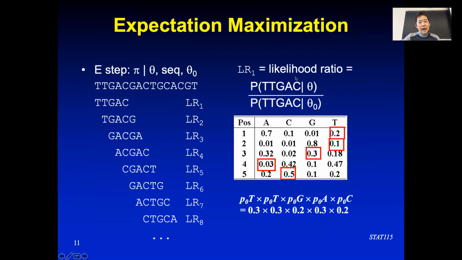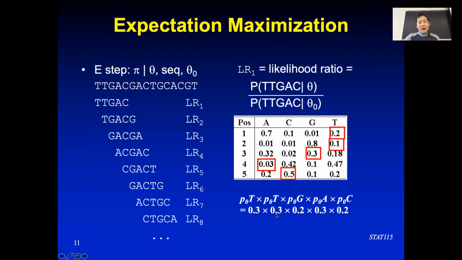And we use this likelihood ratio, which is the probability of seeing T, T, G, A, C in the current matrix, divided by the probability of seeing T, T, G, A, C in the genome background. I'm making it up. Say the human genome is 30% A, 30% T, 20% G, and 20% C.